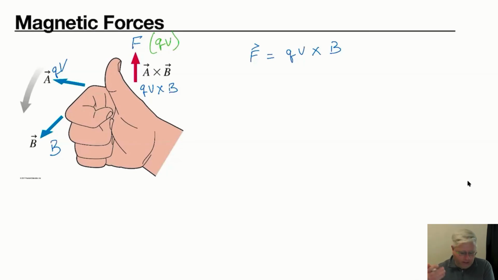Point your fingers in the direction of B, and then your fingers curl in the direction of the force. So it's not just a one-way thing. There are multiple ways you could do it, right? The fact is that the force is always perpendicular to the plane of the charge's velocity and the magnetic field.